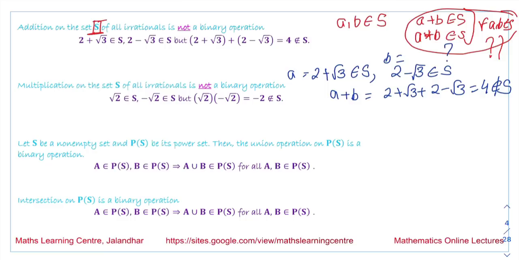So addition on the set of irrational numbers is not a binary operation.